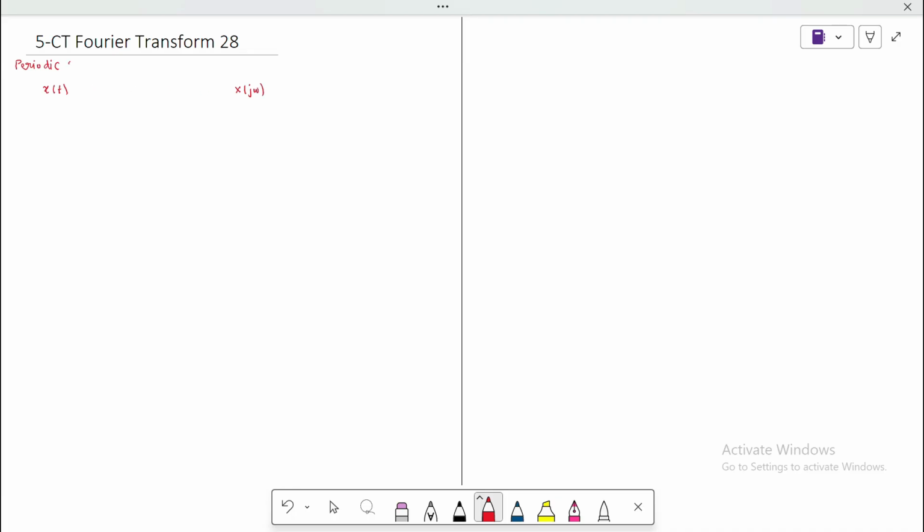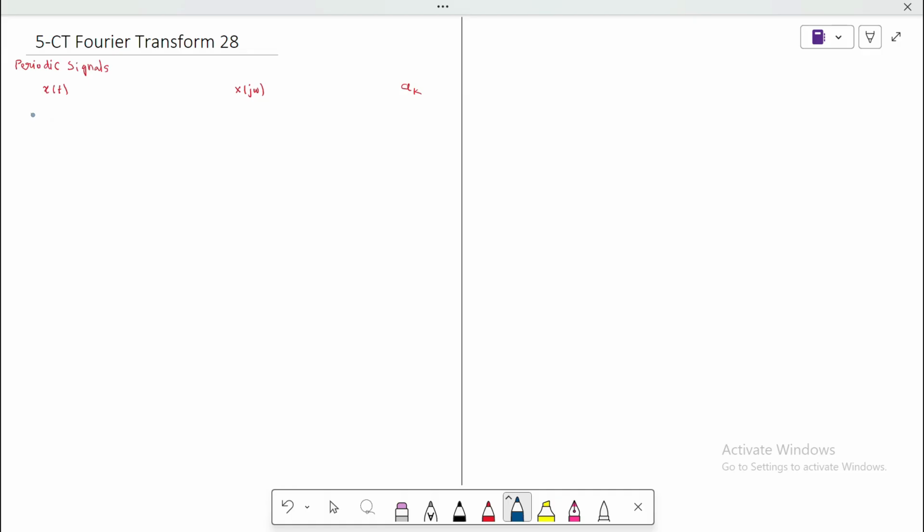Since it is a periodic signal, we know it has Fourier coefficients, so for the Fourier coefficients we also take one column. First, I am taking a general periodic signal.